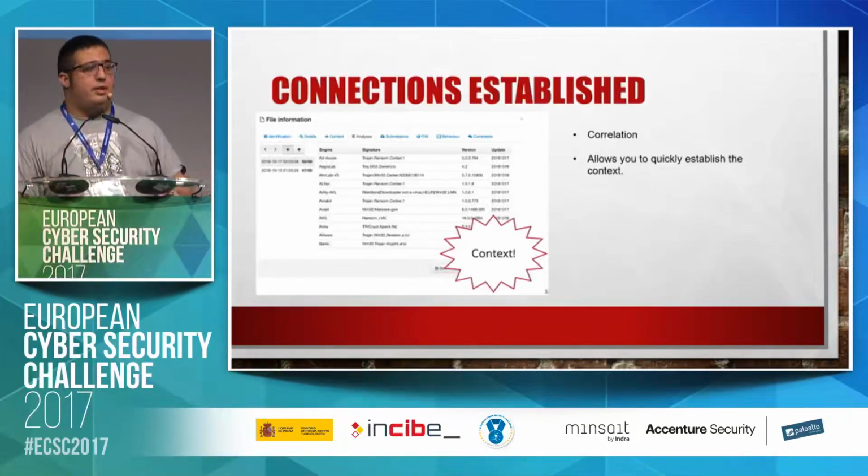So the idea is, you get contextual information about what the sample is doing, and you can apply countermeasures using those security devices. That is the idea: you can discover which malware is behind a specific IP, for example.